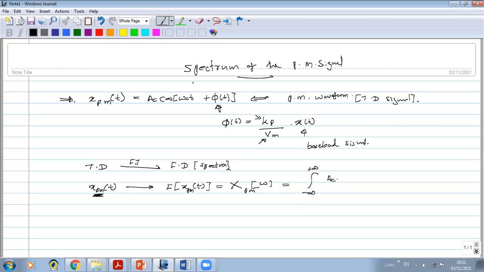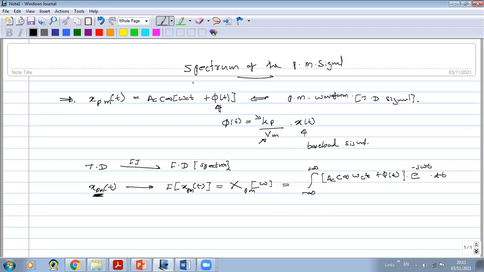So I will write it here: cos(ωc t + φ(t)). This should be multiplied by e to the power minus jωt. We have to integrate it with respect to t. We can apply the limits and find the spectrum, the frequency domain signal.